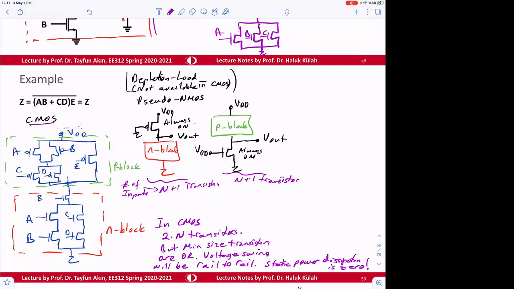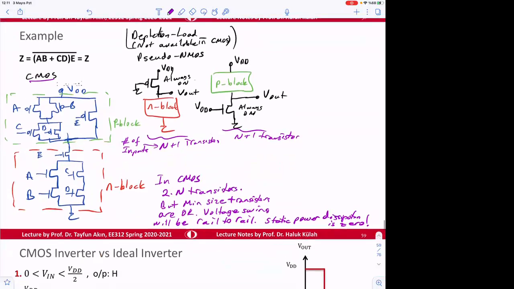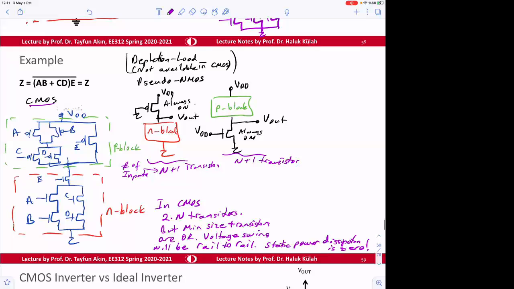Okay, so therefore, people still prefer this complementary CMOS technology.